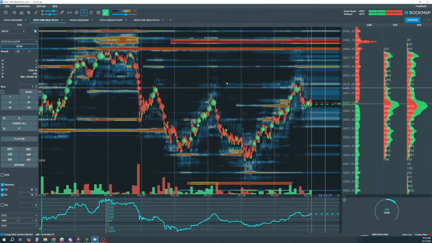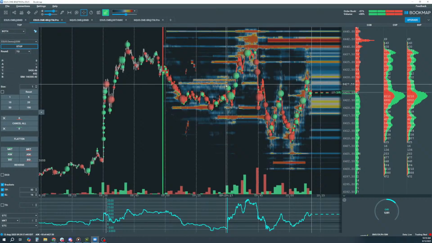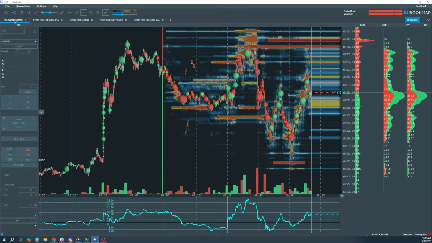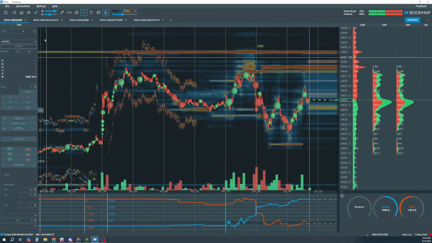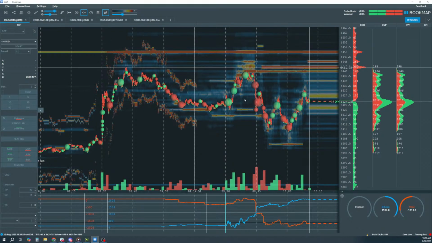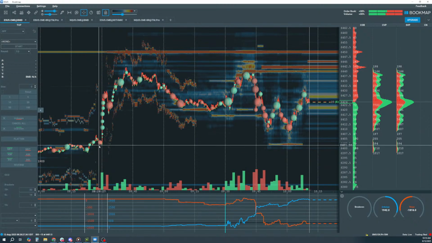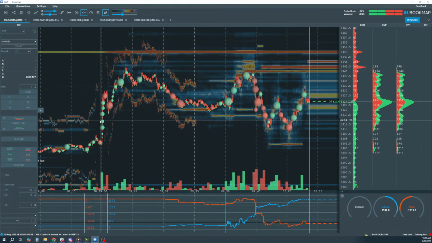All right, let's jump in. Here we go. S&P E-mini. And let's jump over to the regular chart here. This is the TraderMap Pro filtered chart. All right, so here's 8:30 a.m. The move to the upside. Now, I don't know what I think about this move, to be honest.